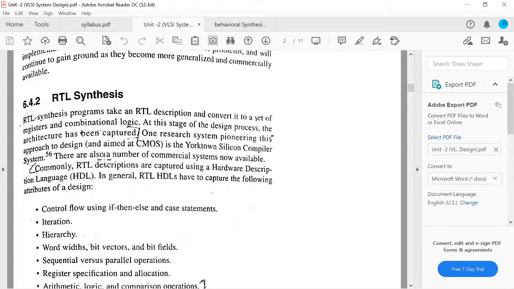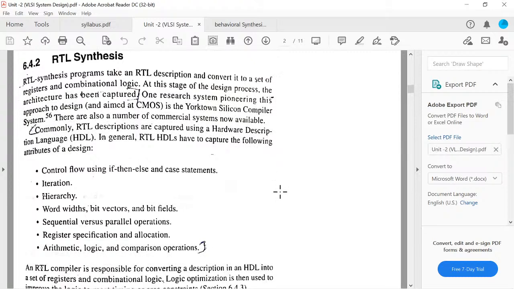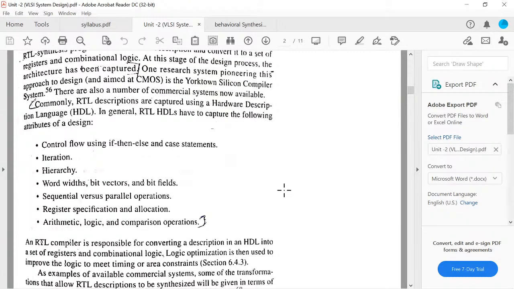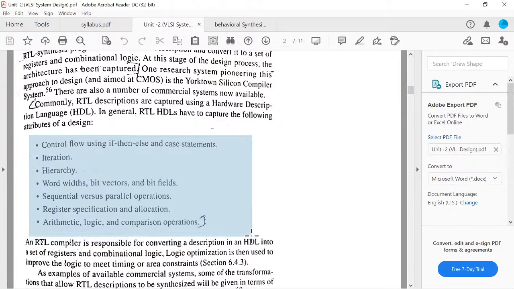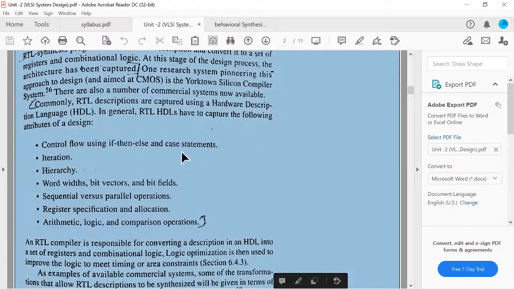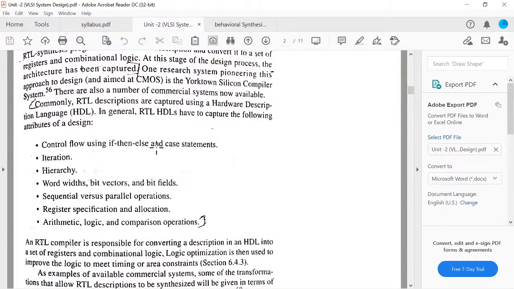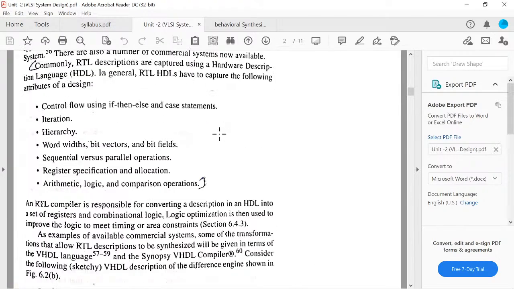In general, this RTL hardware description language has to capture the following attributes of the design. It means that when we want to design an integrated circuit using RTL synthesis, its program must contain these attributes: control flow using if-then-else and case statements, iteration, hierarchy, word width, sequential versus parallel operation, register specification, arithmetic logic, and comparison operations, all of them.